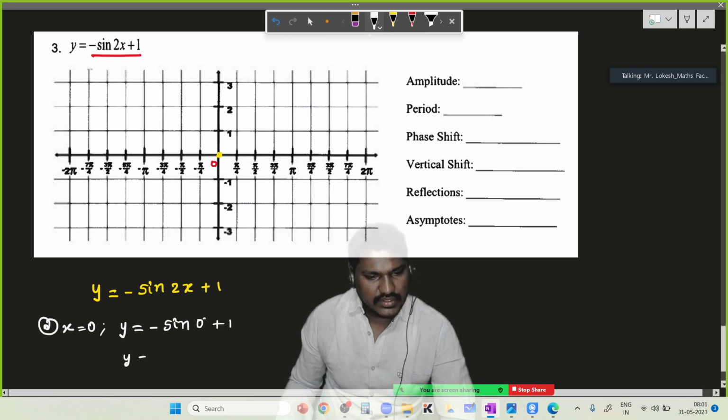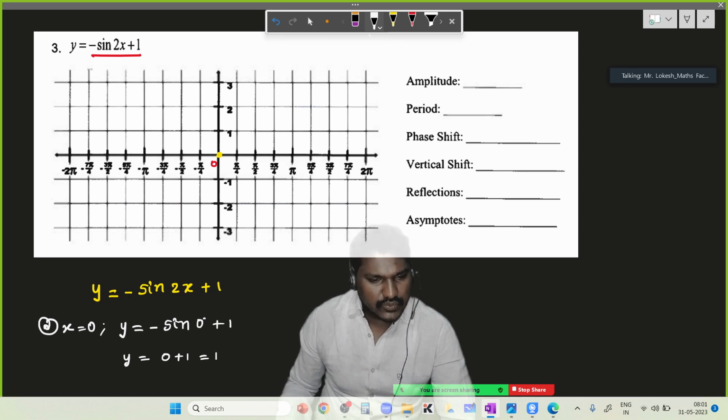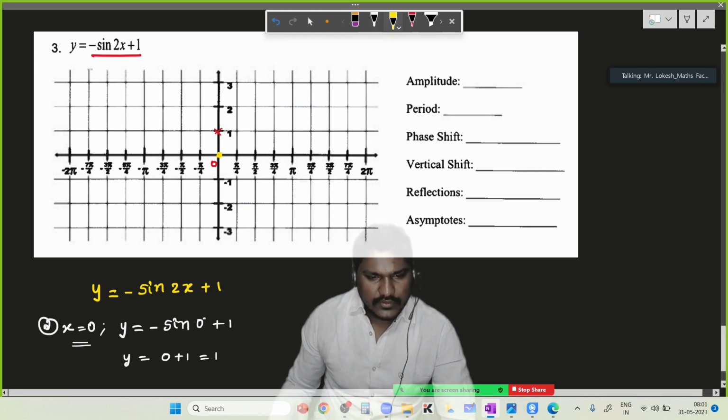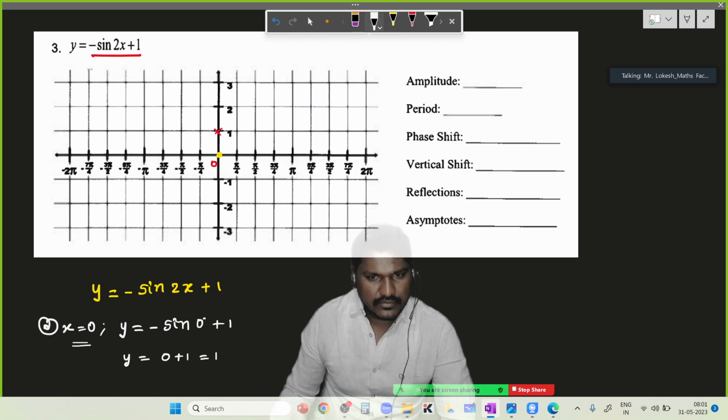So that will be 0 plus 1, which is equal to 1, because sine 0 is 0 and negative of 0 is also 0. So at 0 the value of function is 1. So we'll get a point here. I just made a cross mark here. Now we'll find the value at another point.